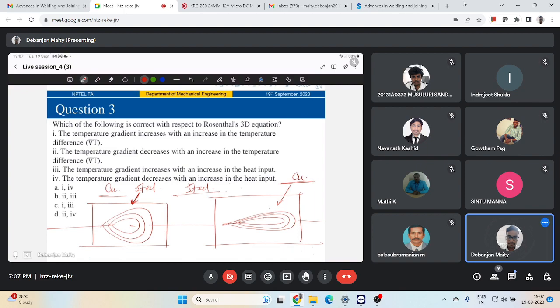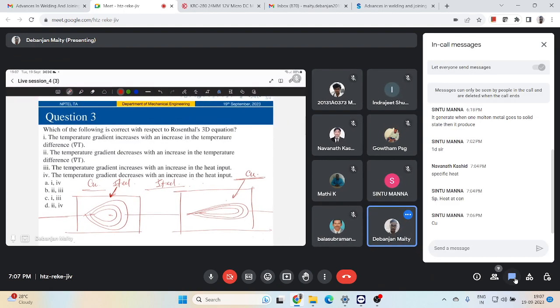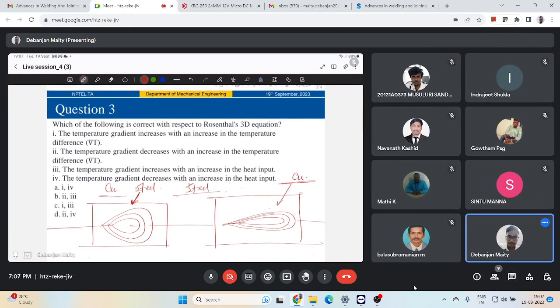Anyone replied? Please repeat the question, sir. So let's say this is an elongated contour and this is a wide temperature contour.